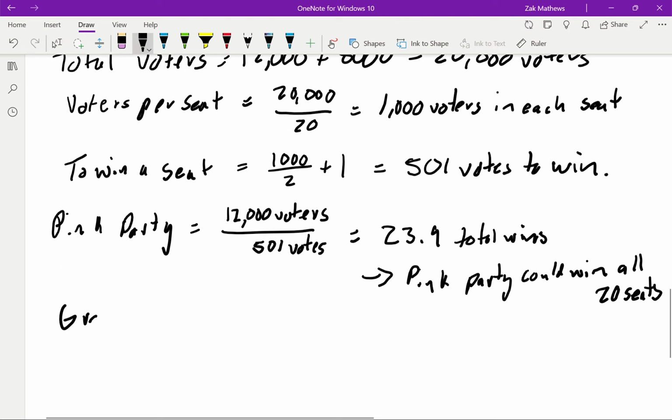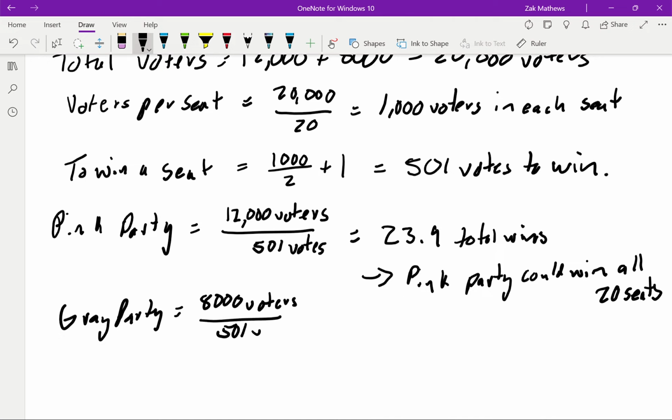Let's look at the gray party. They only had 8,000 voters. We're going to break up those 501 needed into the 8,000. And that means that they could win as many as 15.9, or we can't really round up because we wouldn't have quite enough.